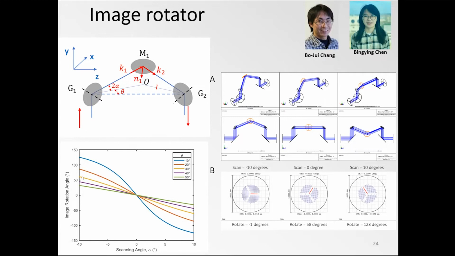You can actually find an arrangement that gives you exactly 60 degrees at plus or minus 10 degree scanning angle of the galvo. You can actually get more if you tweak the orientation of the mirrors, which is also an interesting feature. You can essentially amplify even the rotation much more than the K mirror or the dovetail.